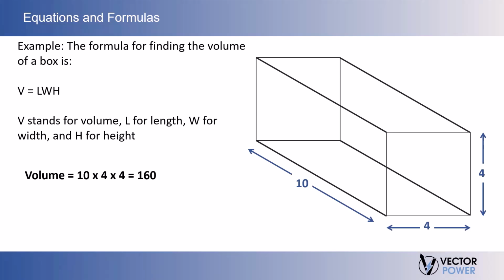The formula for finding the volume of a box is V equals LWH. The V stands for volume, the L for length, W for width, and H for height. Therefore, volume equals, in this example, 10 times 4 times 4, or the volume is 160.